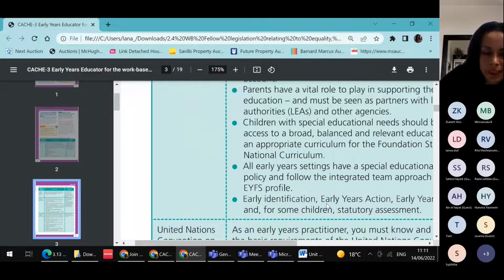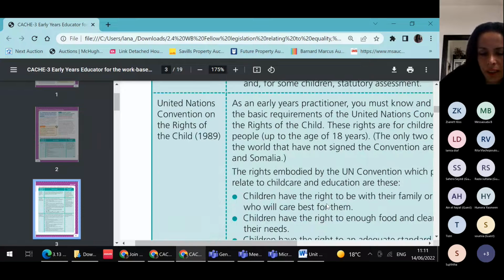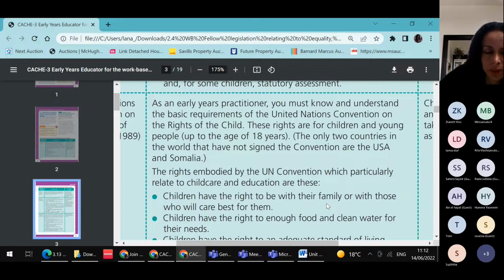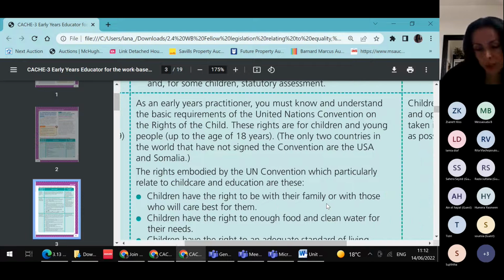Also, we have the United Nations Convention on the Rights of the Child, 1989. What was this legislation all about? As early years practitioners, we must all know and understand the basic requirements of the United Nations and how we can follow them.